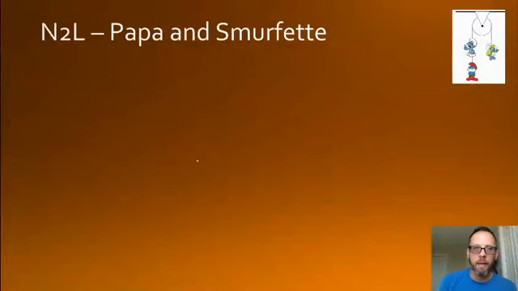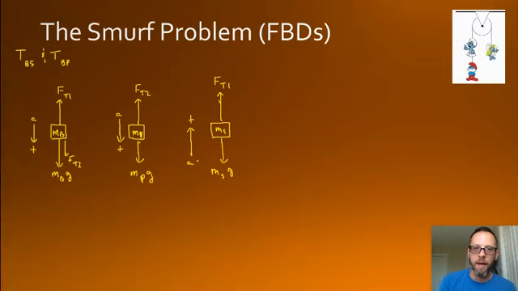So let's look at Newton's second law for Papa Smurf and Smurfette next. Now, I think I have enough space. I'm just going to do it on the screen here. So for Papa Smurf, we have the sum of forces, and there's only one direction here.